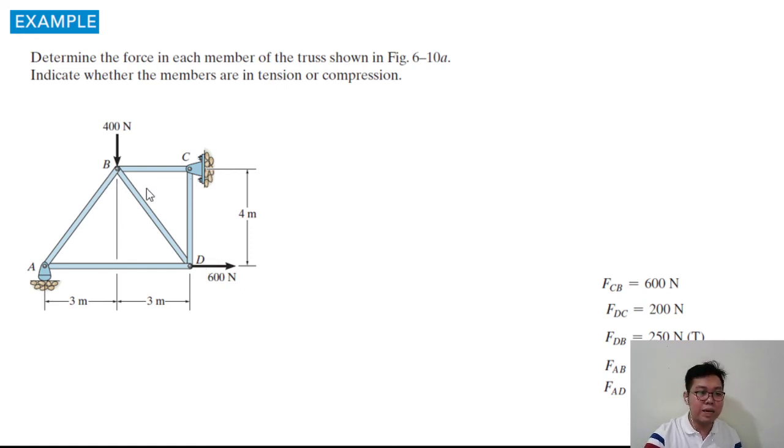Now, ang B and D, guys, you can still solve this, although tatlo yung unknown. Hindi mo pwede i-consider agad yung B kasi tatlo yung unknown. You cannot solve directly using the two equilibrium equations, so mahihirapan ka.